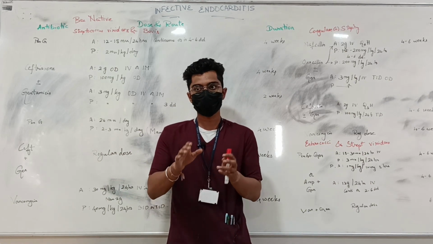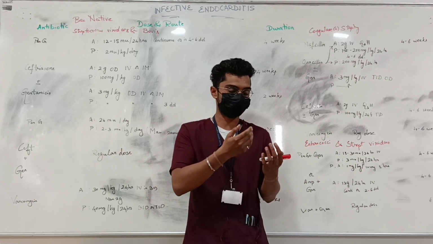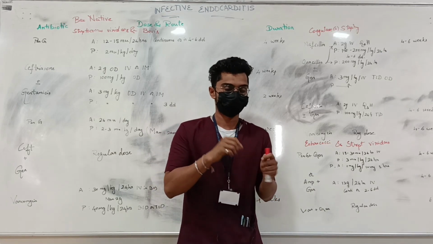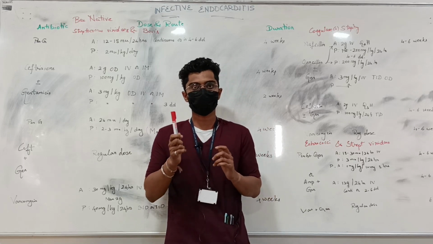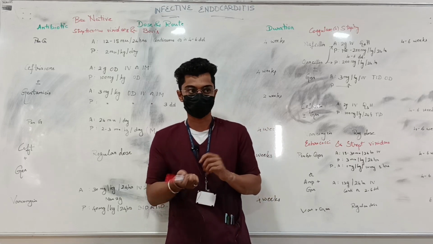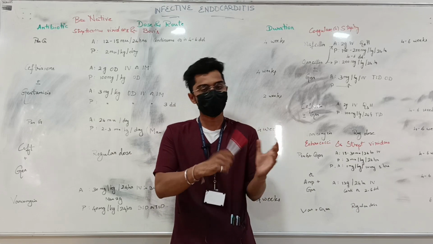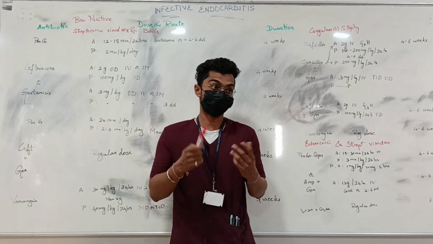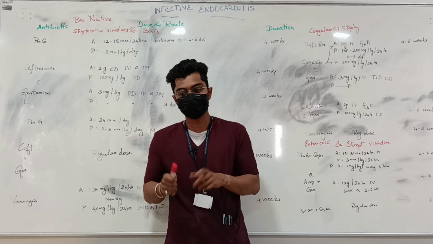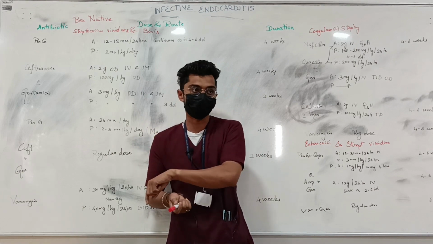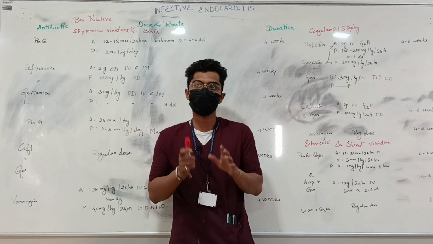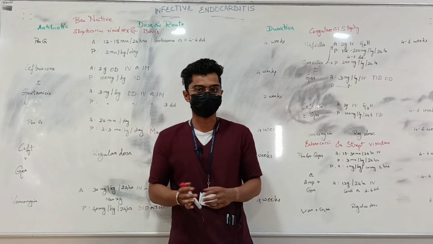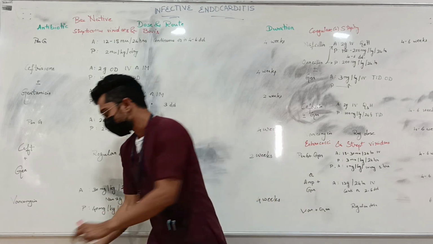It will show what vegetation is present, at what position, and how much of it. Endocarditis can be right-sided or left-sided. Left-sided is very fatal and mostly leads to heart failure. Right-sided cases are much less common, and the prognosis is very good.